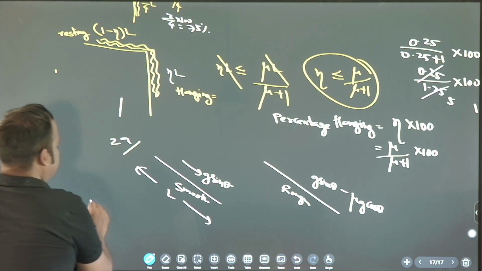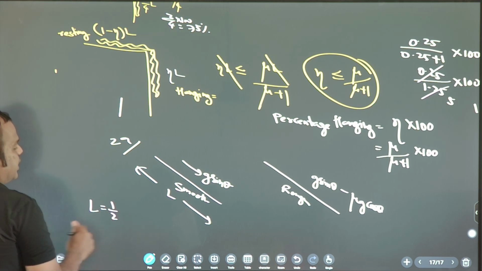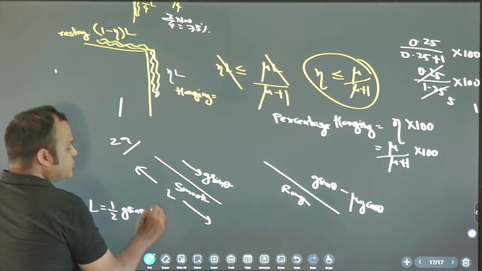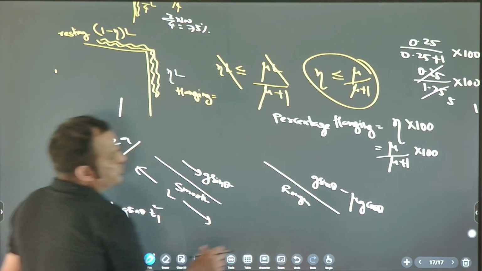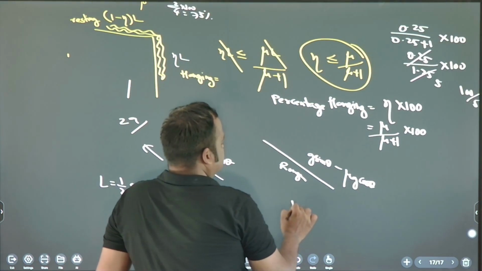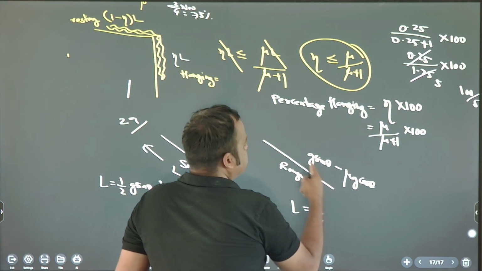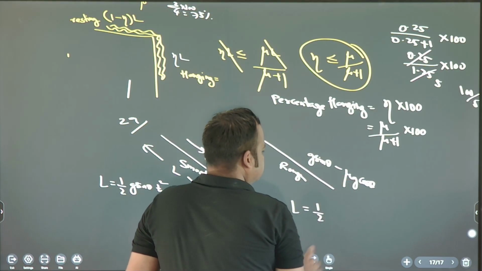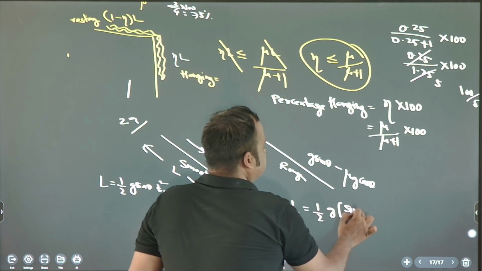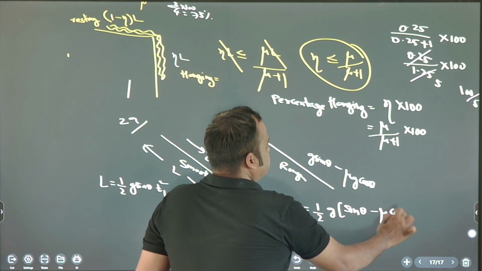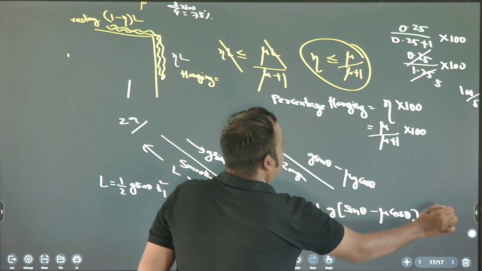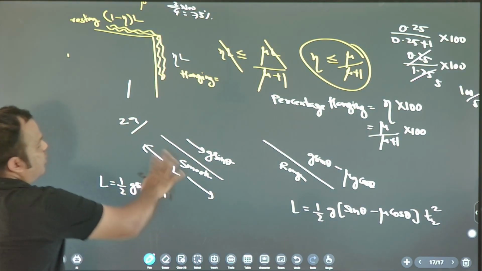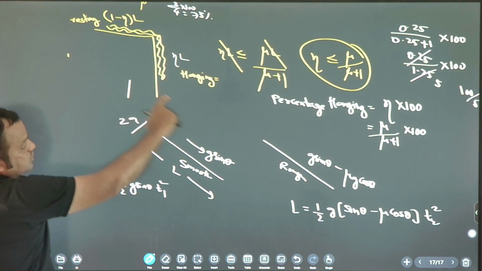So here you can write L is equal to half G sin theta T1 square, and here you can write L is equal to half, what is the acceleration? This is the acceleration. G common, sin theta minus mu cos theta. Understood? And how much time it is taking? T2. On a smooth surface, how much time taking?